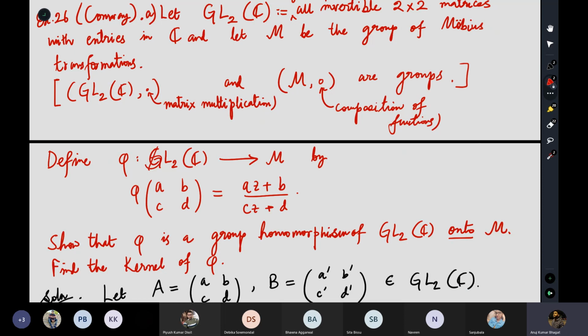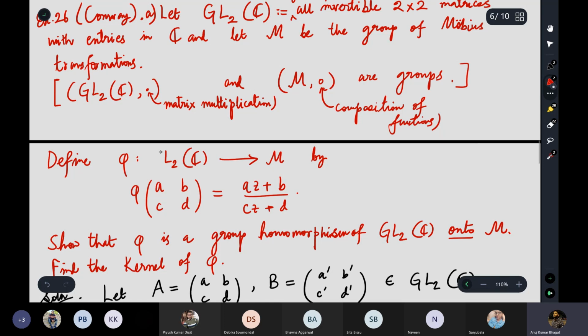If you replace GL2C by SL2C, the map will still be onto.